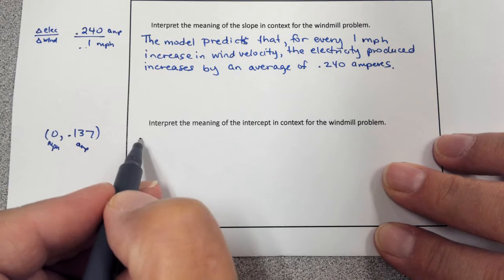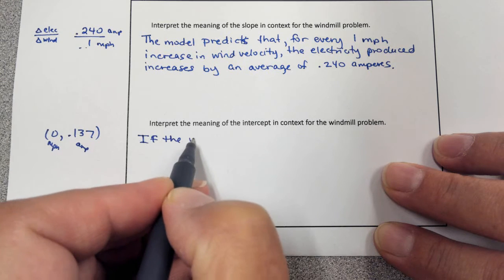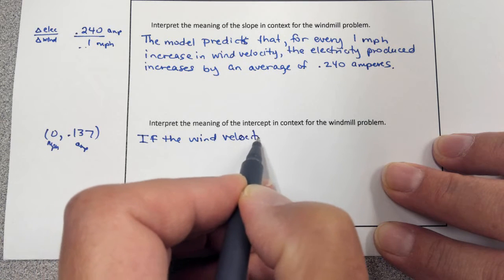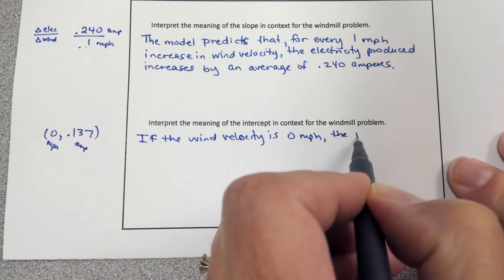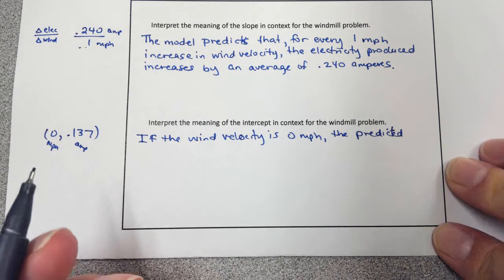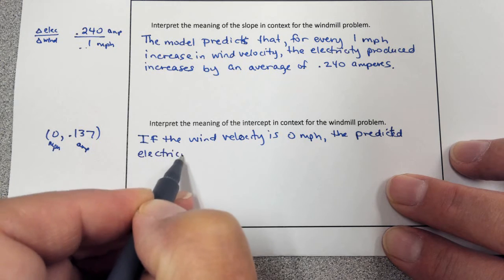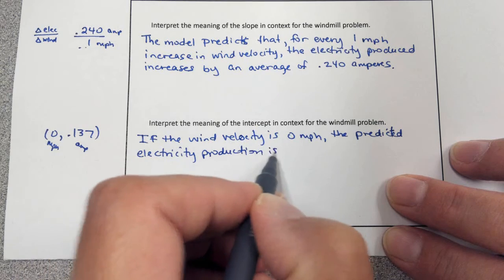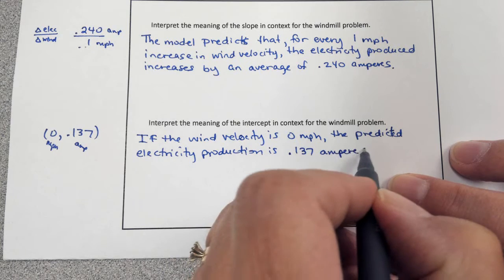So, if the wind velocity is 0 miles per hour, the predicted, I could spell, the predicted electricity production is 0.137 amperes. Make sure you get that predicted in there.